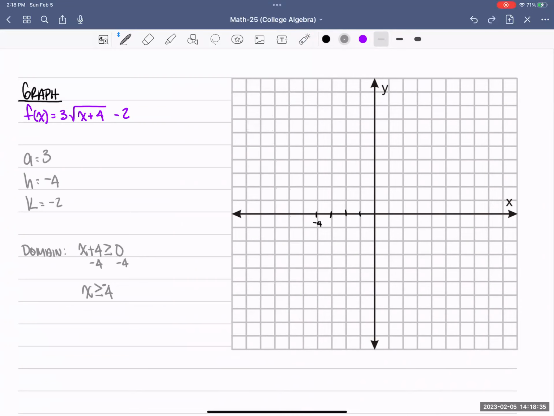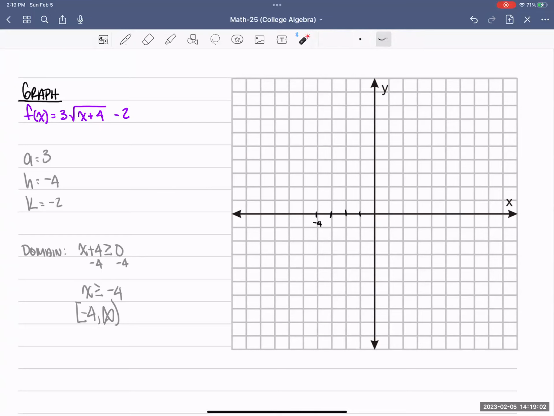So we could ignore that part and pick values to the right of that number. So our domain is from -4 to infinity. Perfect. And we could figure out our range once we actually start this.